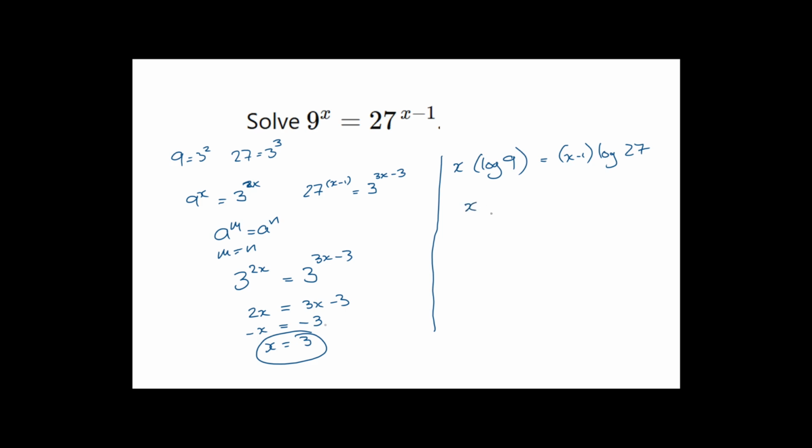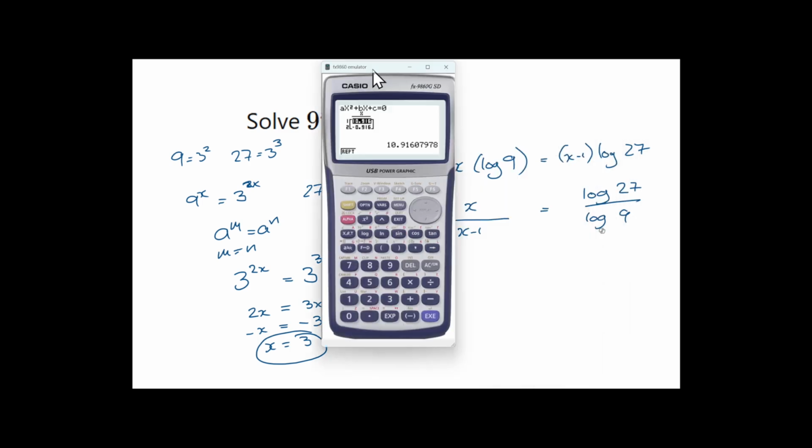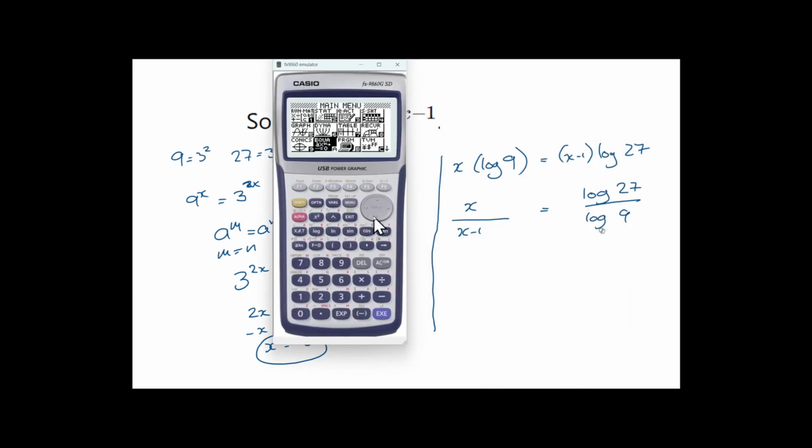But it's going to be x over x minus 1 is going to be equal to log of 27 over log of 9, and that's going to be a whole number. It's going to be 3, isn't it? Is it? So log of 27 divided by log of 9, 1.5.